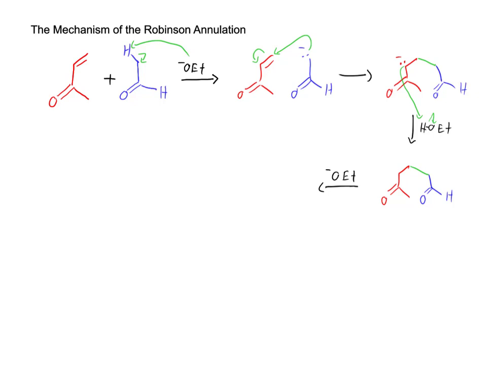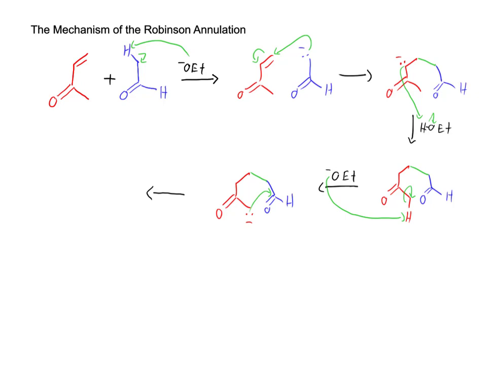Next, the base is going to come back in, and now it is going to remove the alpha hydrogen from the other side of what was the Michael acceptor. This will create the enolate that we can use in the intramolecular aldol reaction. Now, this enolate is going to attack via the addition mechanism the electrophilic carbonyl carbon.